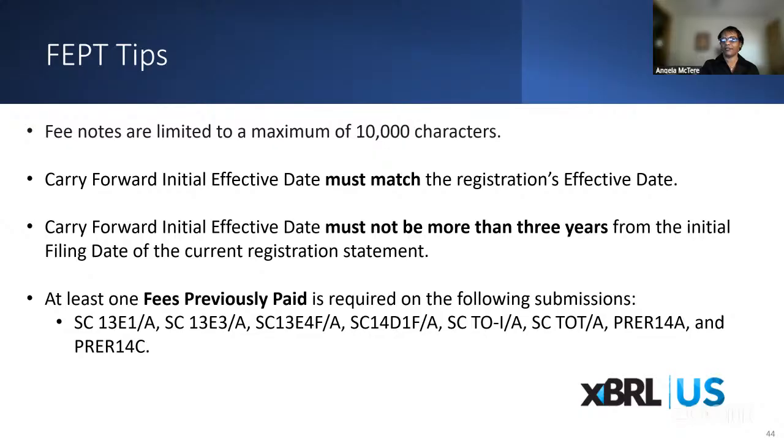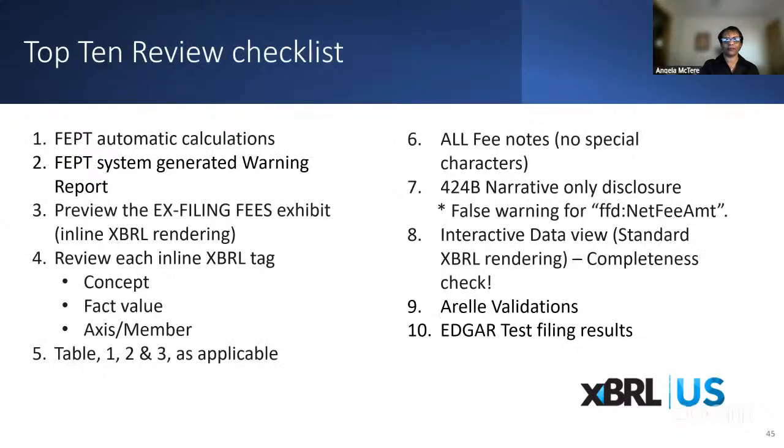Next slide, please. Thank you. Okay, so top 10 review checklist. Just a recap of some of the items that have been mentioned. Again, the tool does automatic calculations, right? As you're going through and plugging in your information, it is automatically going through a validation process and a calculation process.